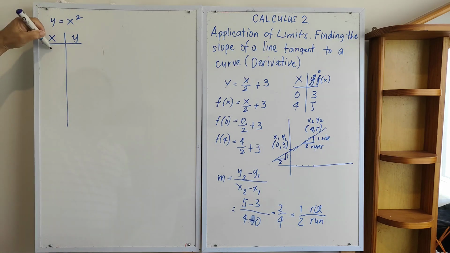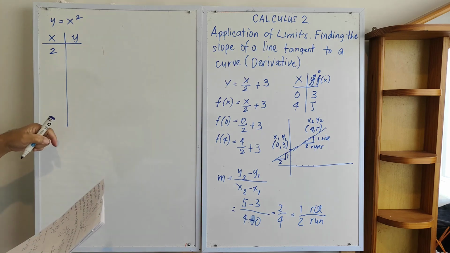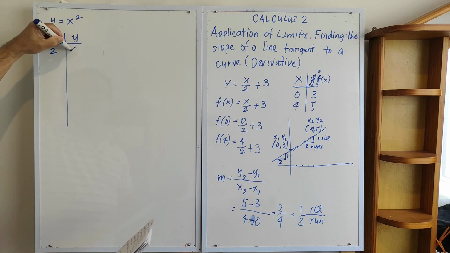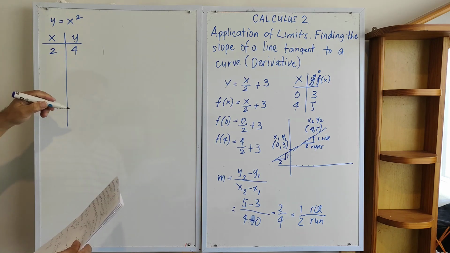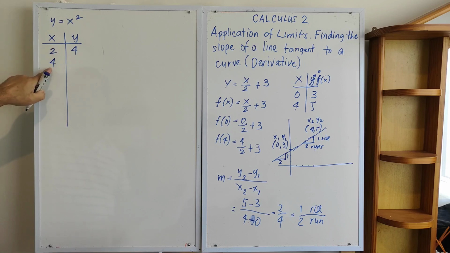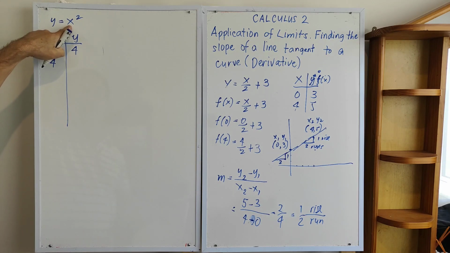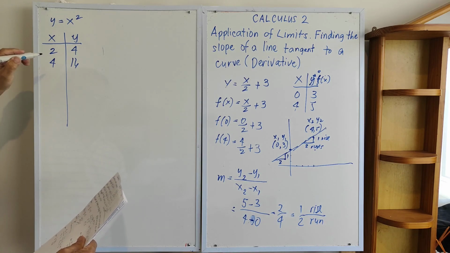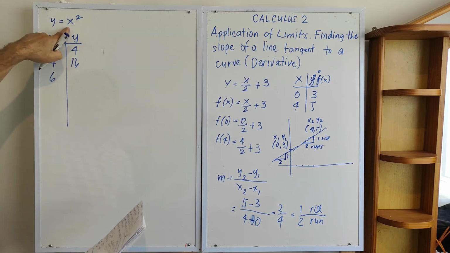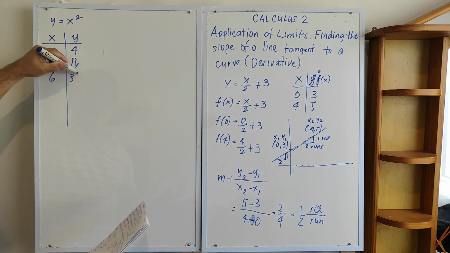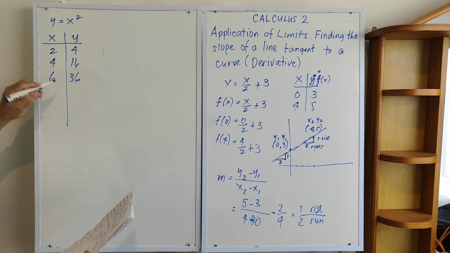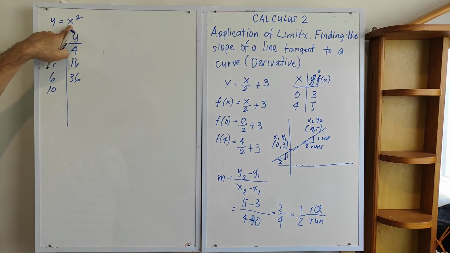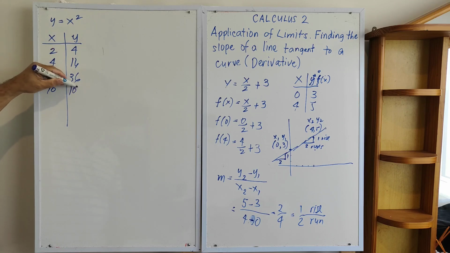If your x is 2, you put 2 here, 2 squared is 4, so your y is 4. If your x is 4, 4 squared is 16. If 6, 6 squared will be 36, and if you put 10 in here, 10 squared is 100.